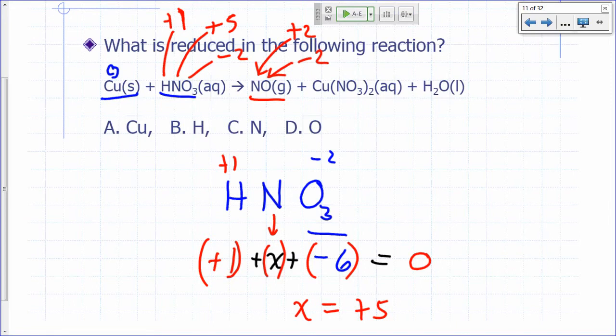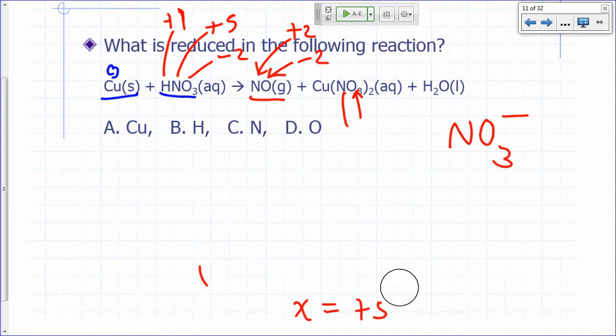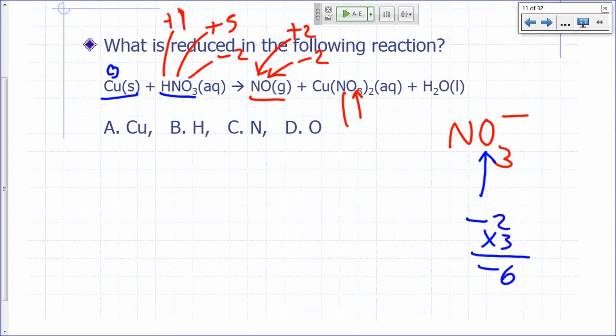How about copper nitrate here? We've already done the nitrate, so it's the same thing here. Let's look at nitrate. Each oxygen has an oxidation number of -2, times 3, that's -6.